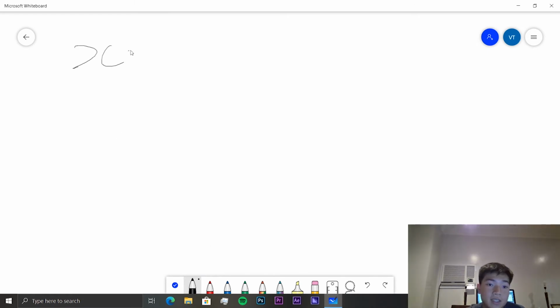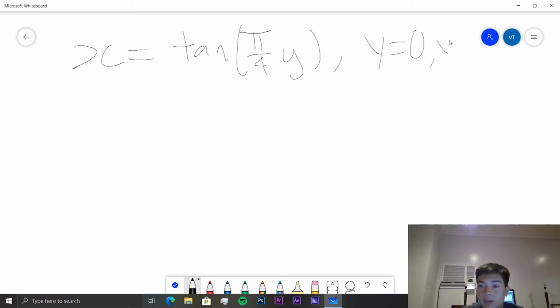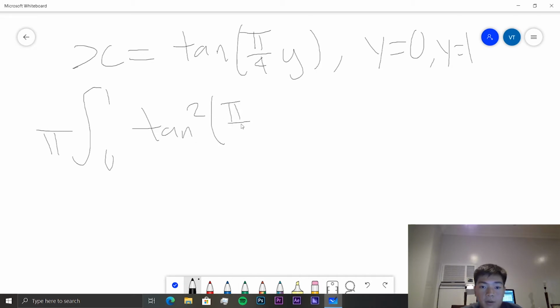So next is x is equal to tangent of pi over 4 y between y equals 0 and y equals 1. Okay, so we have pi times the integral between 1 and 0 of tangent squared pi over 4 y.